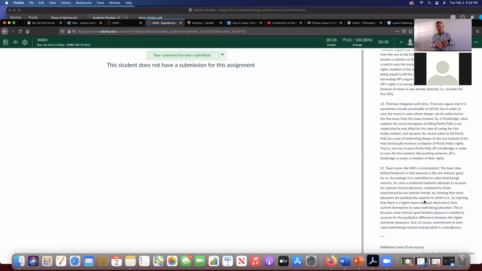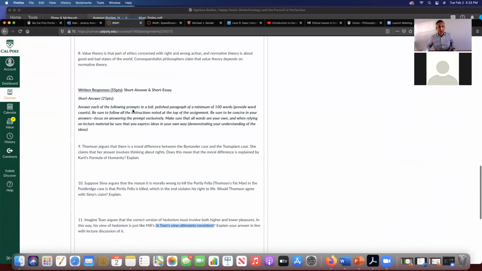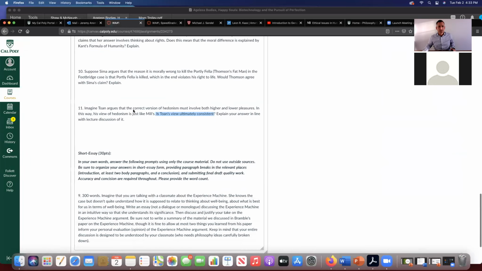And it's because of that that such a theory is going to need something besides pleasures to account for the difference between the higher and lower pleasures. Okay. So some may have had a couple points taken off because they didn't connect those two points: the higher lower pleasure distinction collapsing into value pluralism, which goes against hedonism, which is a monistic theory. Okay, so that rounds out the short answer and the written responses.